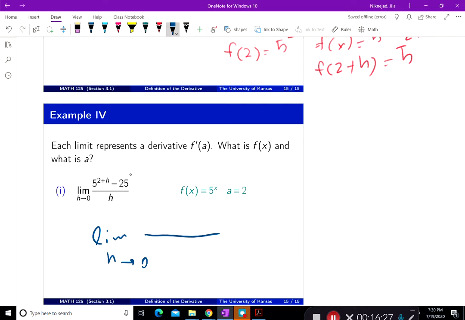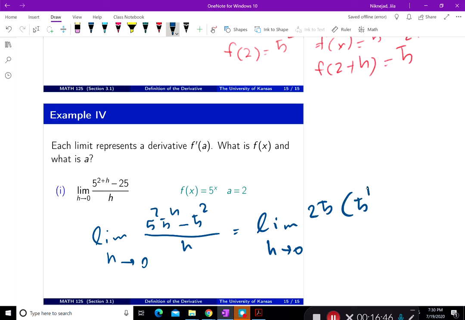First, it's 5 to the power 2 plus h, so it's 5 to the power 2 times 5 to the power h, minus 5 to the power 2, divided by h. Clean this up to be 5 to the power 2, which is 25, times 5 to the power h minus 1 divided by h. 25 comes in front of the limit.